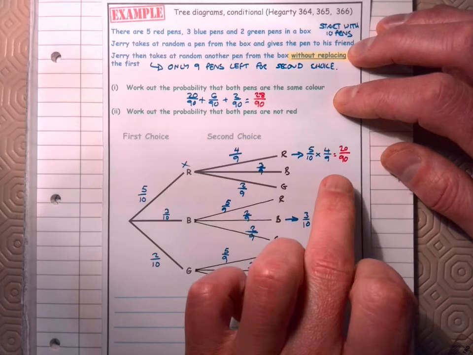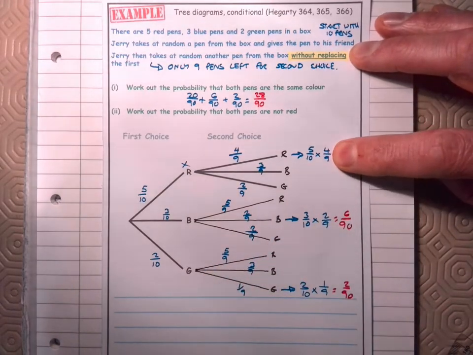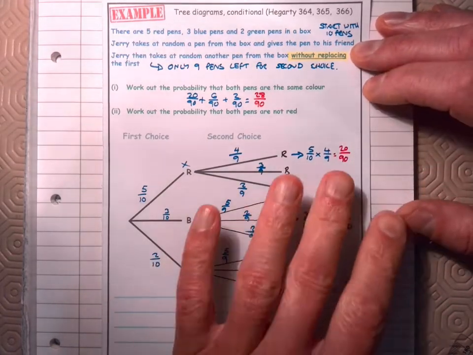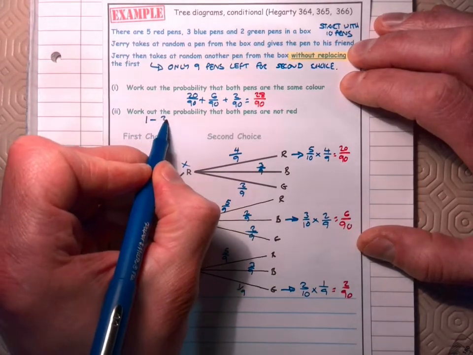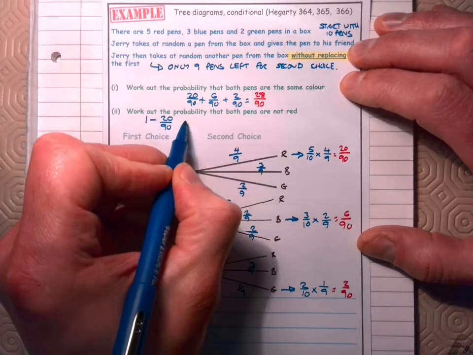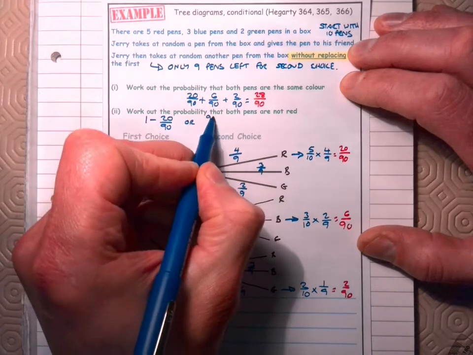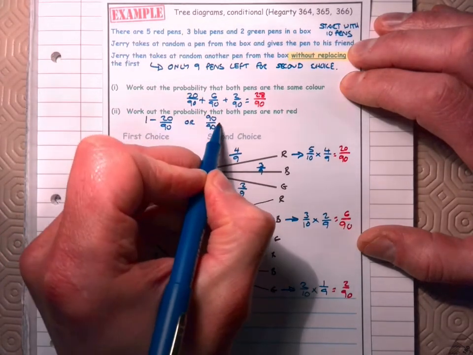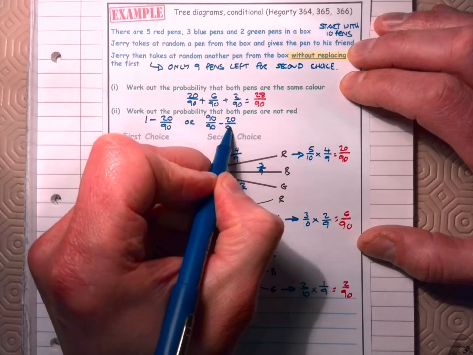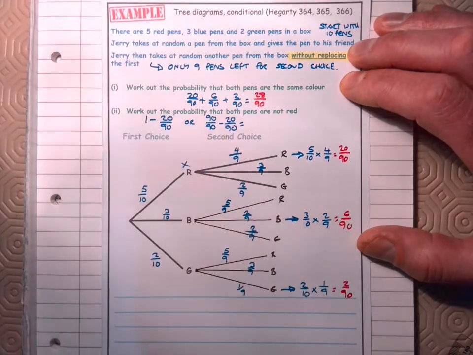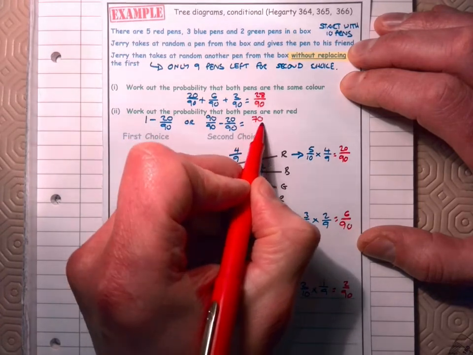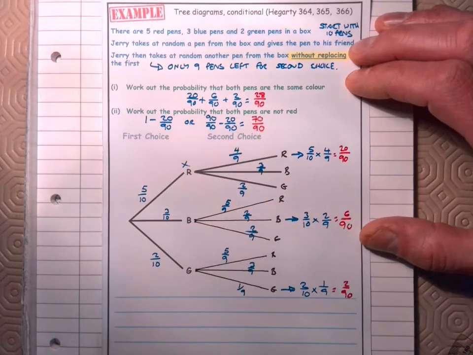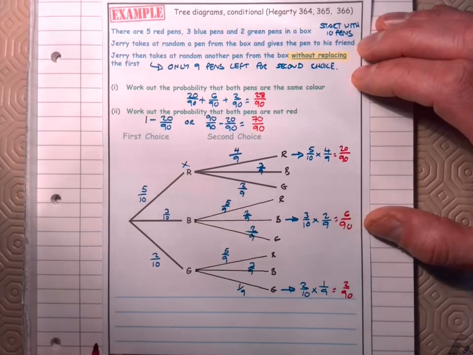So if I just don't want the red option, then it must be 1 take away 20 over 90. I could say it's 90 over 90 take away 20 over 90, and that is going to be 70 over 90. And for this question, we are done.